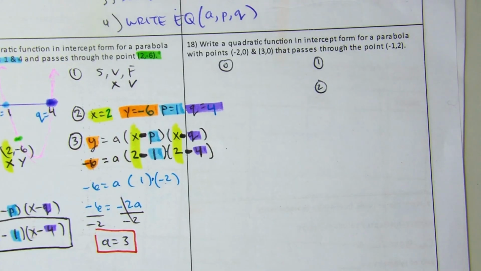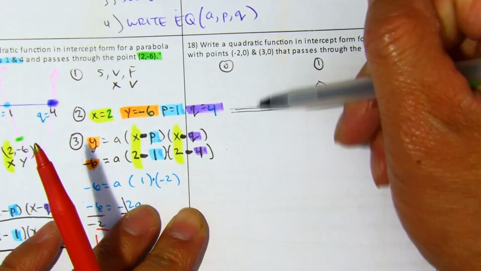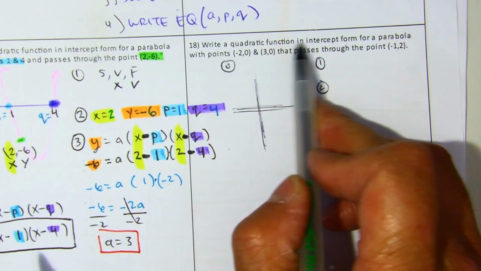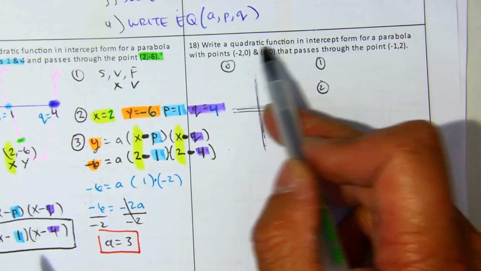Okay, let's quickly graph it. Give yourself a quick visual. Remember, in tomorrow's quiz, I may not say intercept form. I just say, given these characteristics, write a quadratic function.